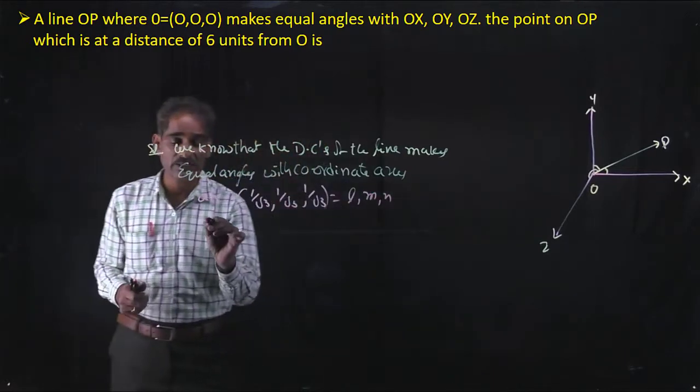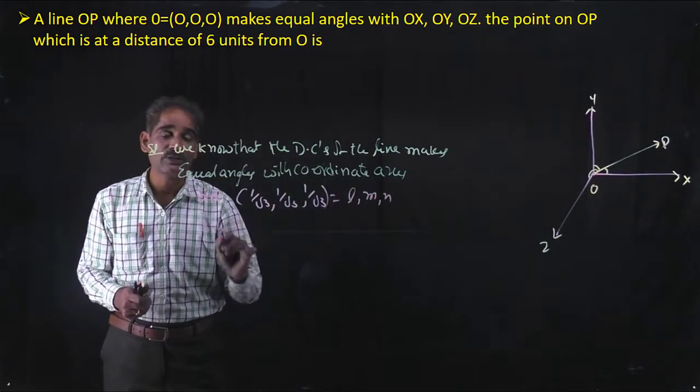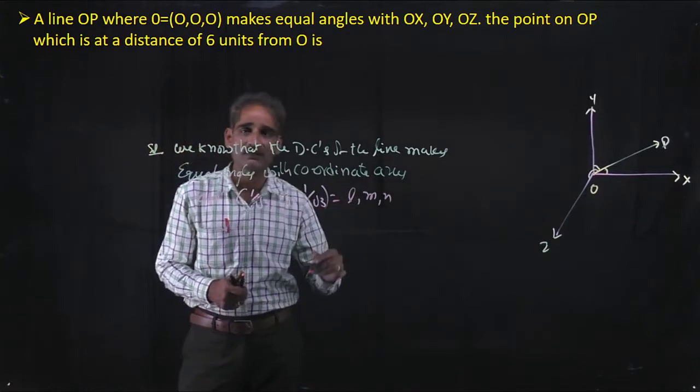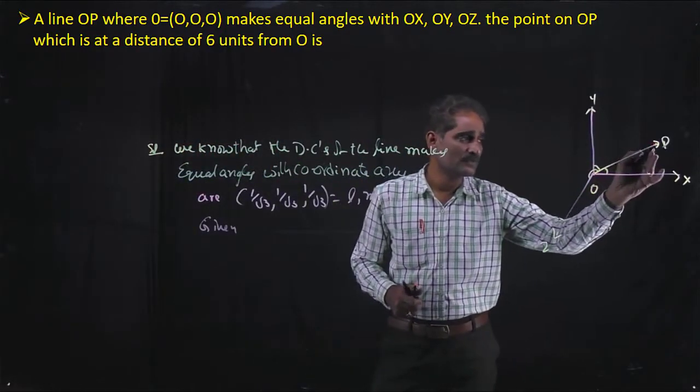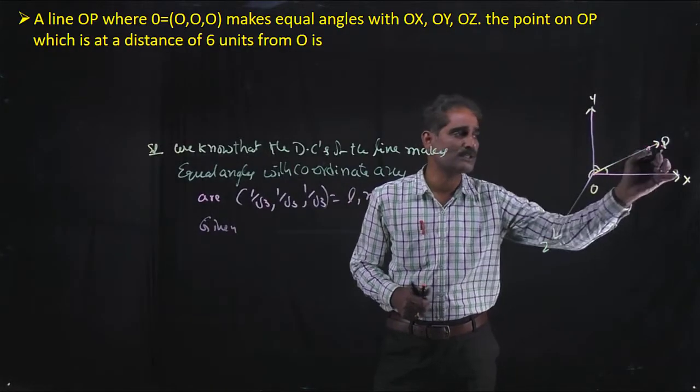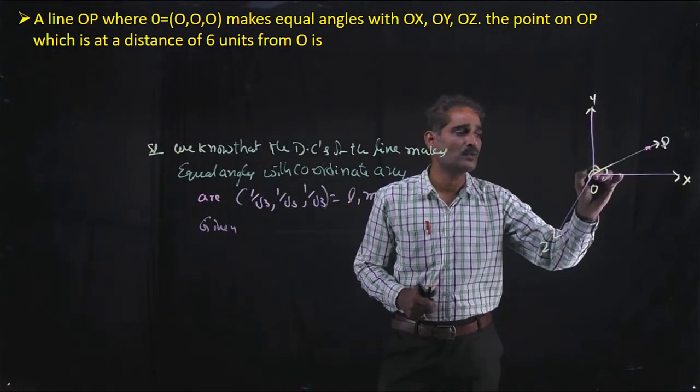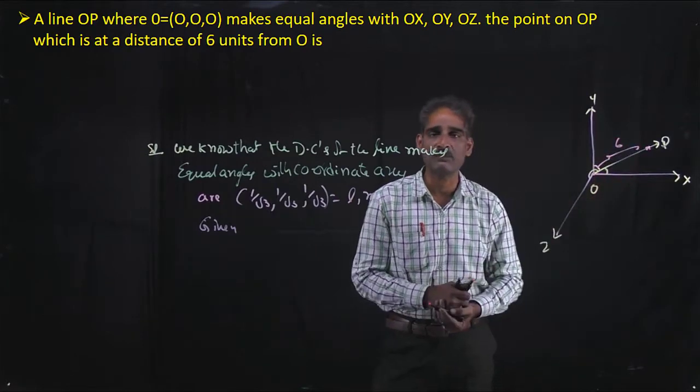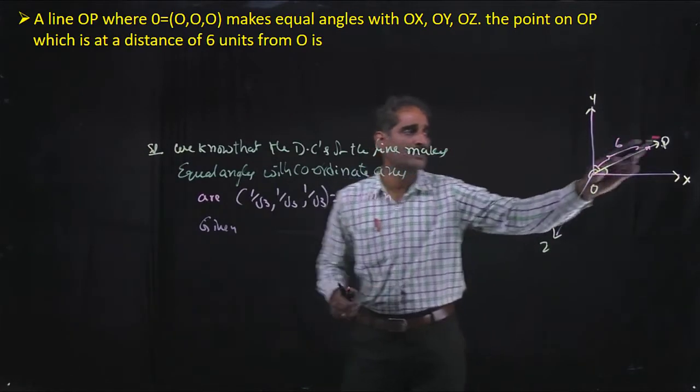And given that the distance from the origin to the point, let us take this is the given point P. Suppose P is the position of the point which is having 6 units distance from the origin. We have to find out the coordinates of this point.